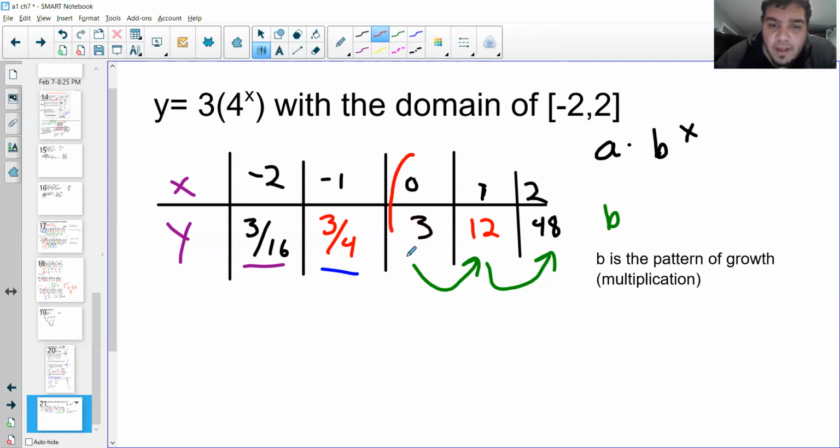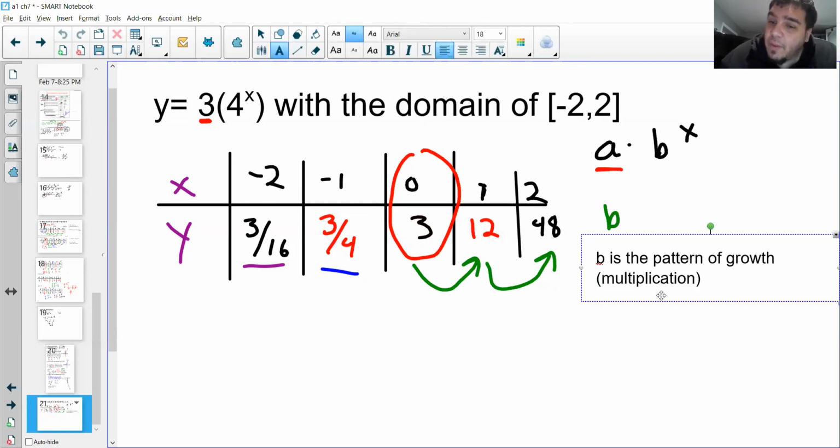Now over here at x equals 0, we have the value of 3. Remember, when x equals 0, that is actually your y-intercept. So which one of these gives you the y-intercept? Probably the A value.